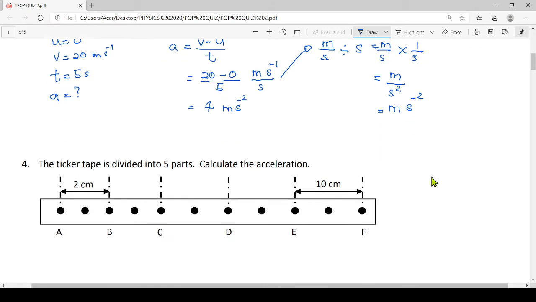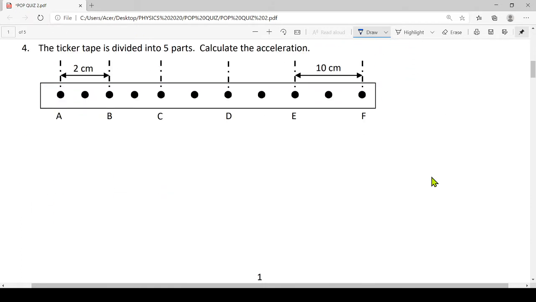Alright, so let's move to question number 4. A ticker tape is divided into 5 parts, right? So I have part 1, here I have 2, second part, here is my third part, here is fourth, and then here is my fifth part. Alright, so I have 5 parts altogether, and for each part I have 2 tick.